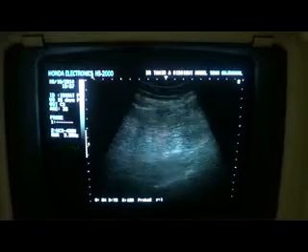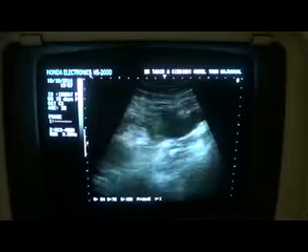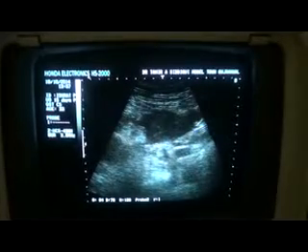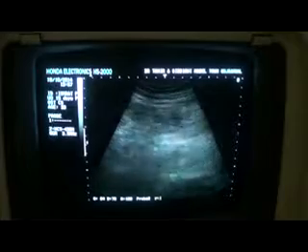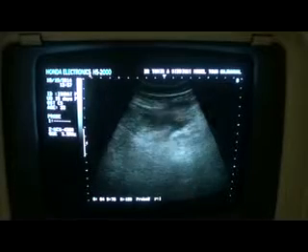On the left side, what is the situation? You can see fluid with echoes in the region of the left paracolic gutter. A complicated case post-cesarean section. There is no evidence of pleural effusion.